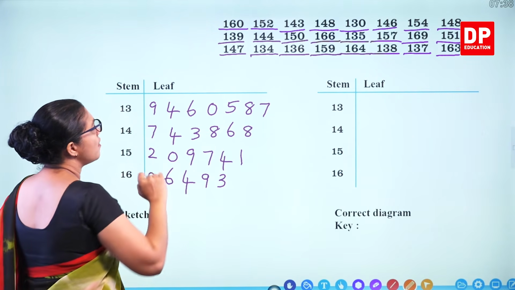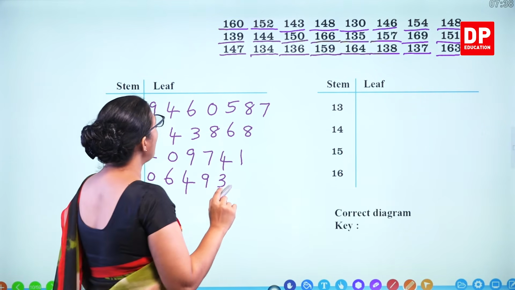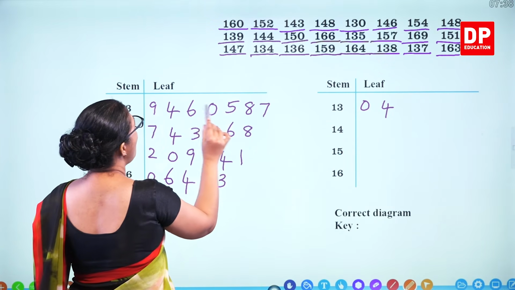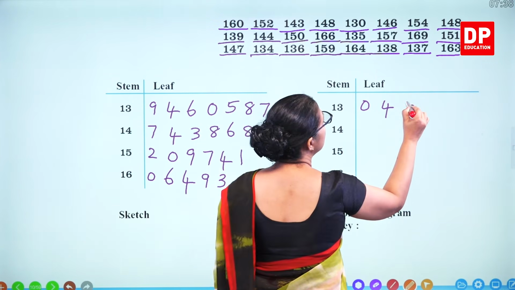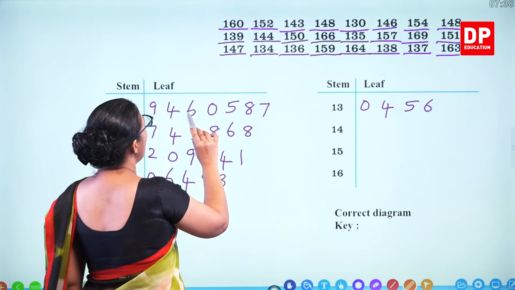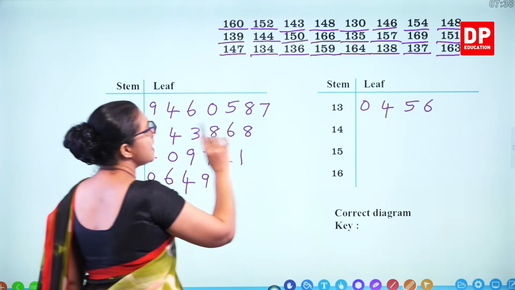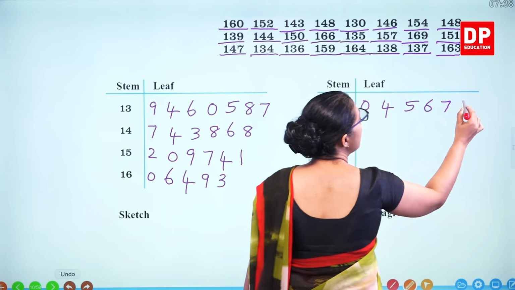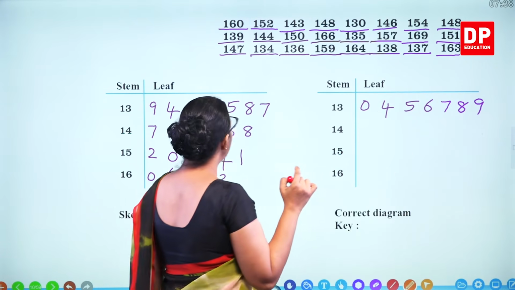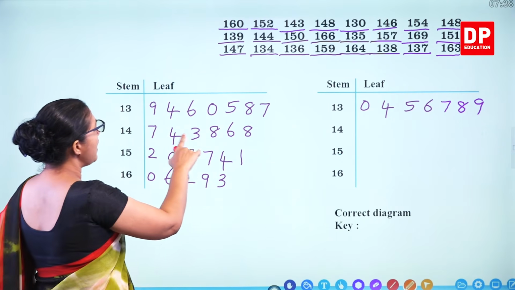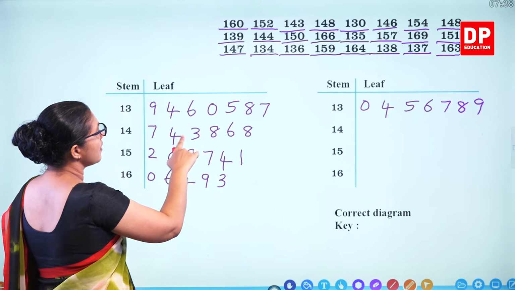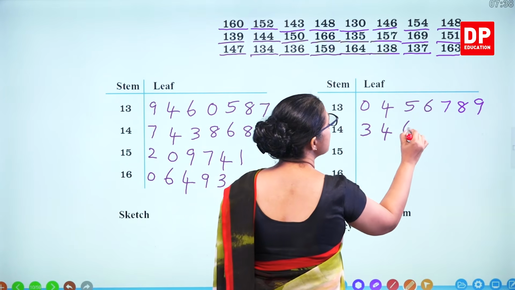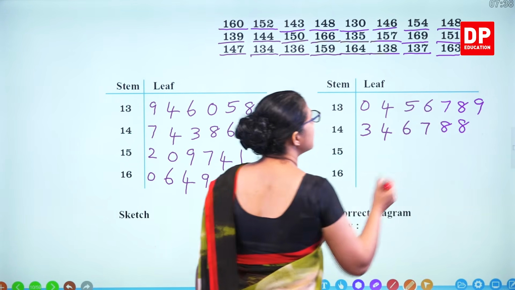So starting with 13: 0, 4, 5, 6, 7, 8, 9. We don't put commas. Then 14: 3, 4, 6, 7, 8, 8.